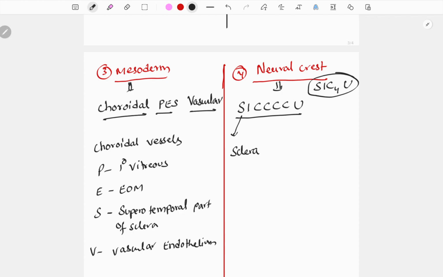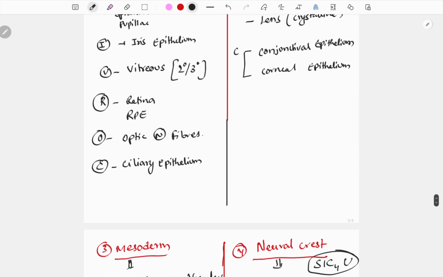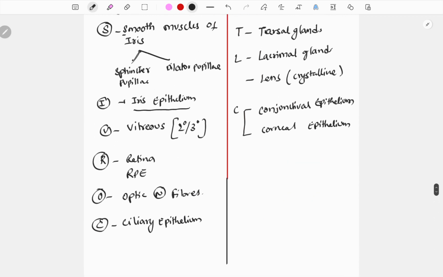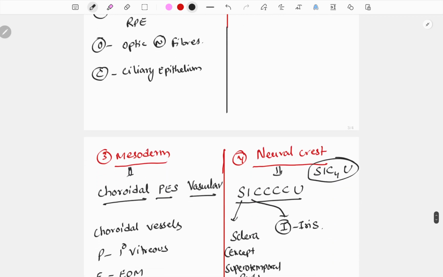Already we discussed the superotemporal part of sclera, so all sclera except the superotemporal part is derived from the neural crest. What is I? I is iris. Iris is derived from the neural crest, whereas iris epithelium is by neural ectoderm.